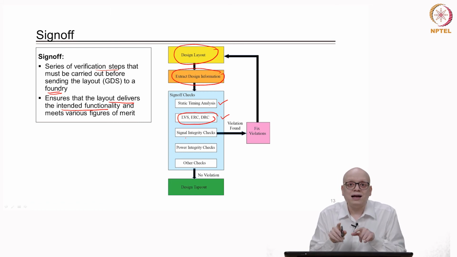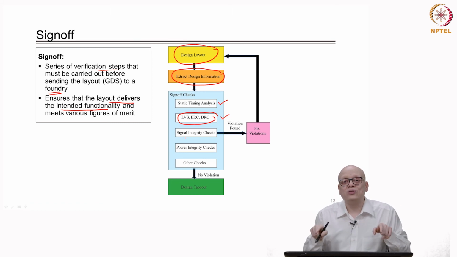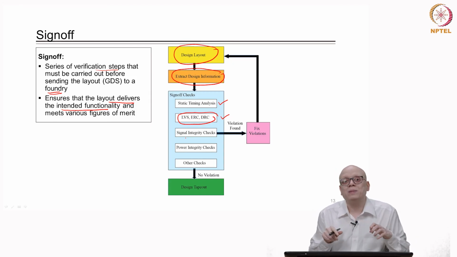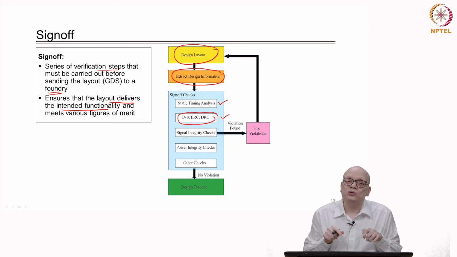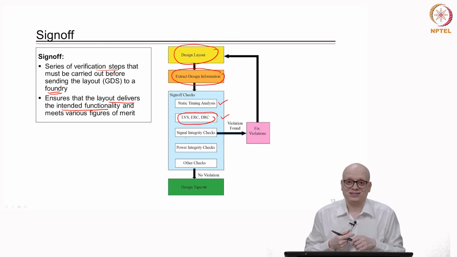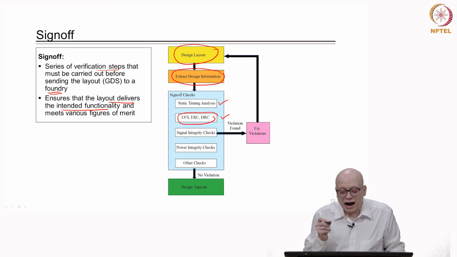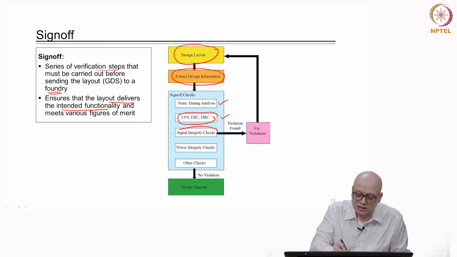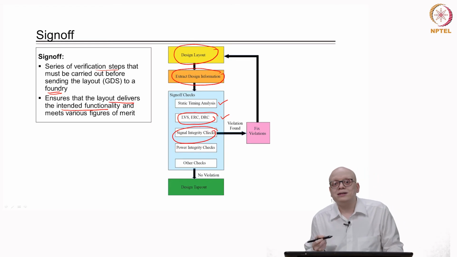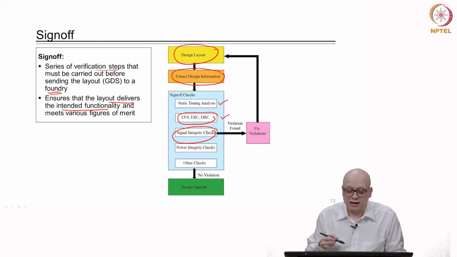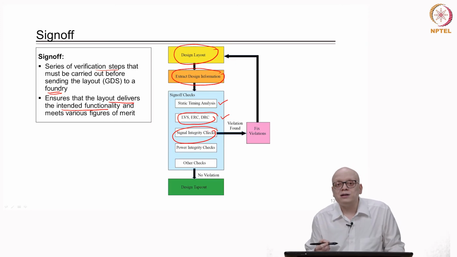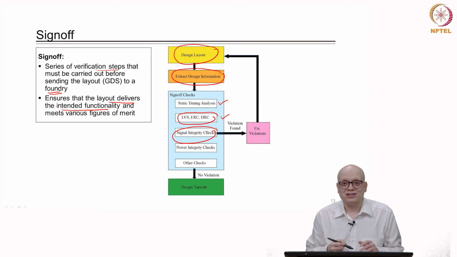Note that once we have created the layout of the interconnects, only then can we extract the coupling capacitance, and only then can we do the signal integrity checks more precisely or accurately. We also do power integrity checks. For example, it can be related to IR drop in the power lines, or to electromigration checks and so on.